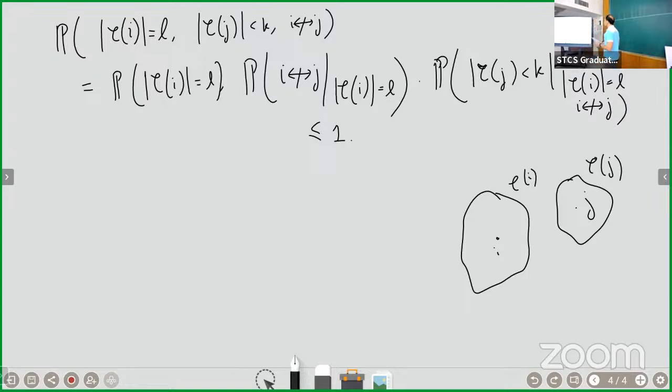What can you say? What is this probability? This is an observation you have to make.